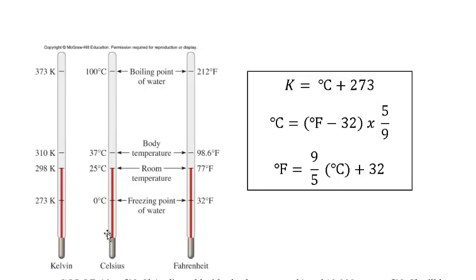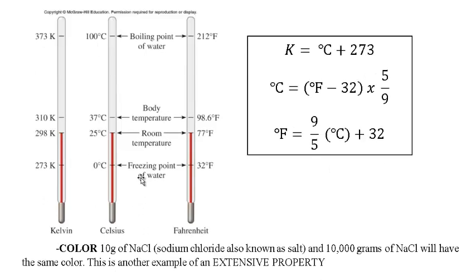So these are just different scales. Notice the freezing point of water is 0 degrees C. You put that 0 degrees C into this equation, and you will get 32 degrees F, which is the conversion from Celsius to Fahrenheit. And 0 degrees C using this equation gives you 273 Kelvin.